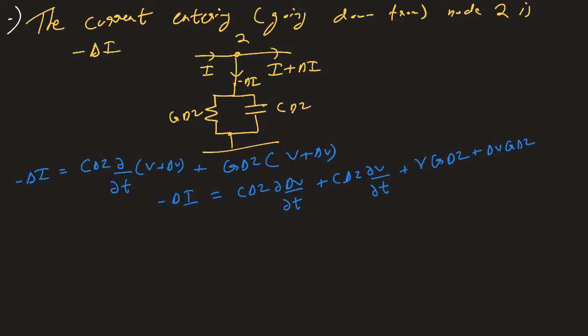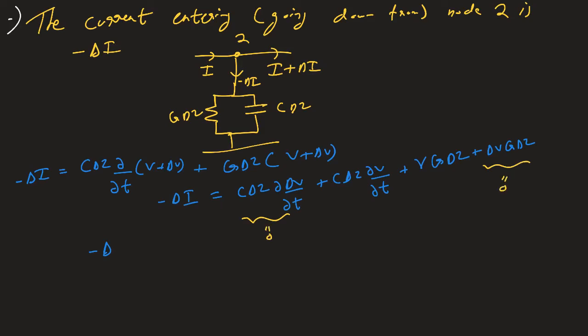So we have 4 terms. It turns out that we can simplify this to just 2 terms. In the terms where delta Z and delta V are multiplied, we'll ignore this term and this term.